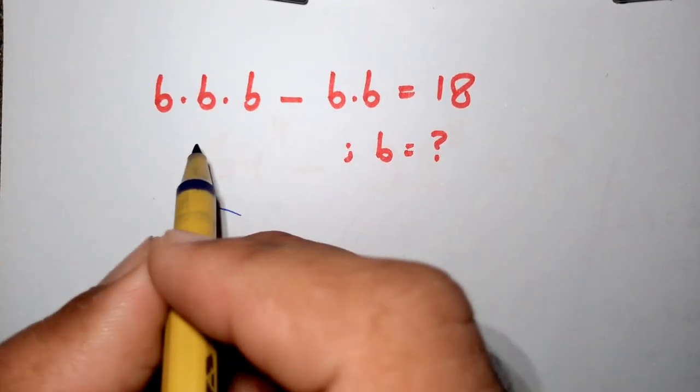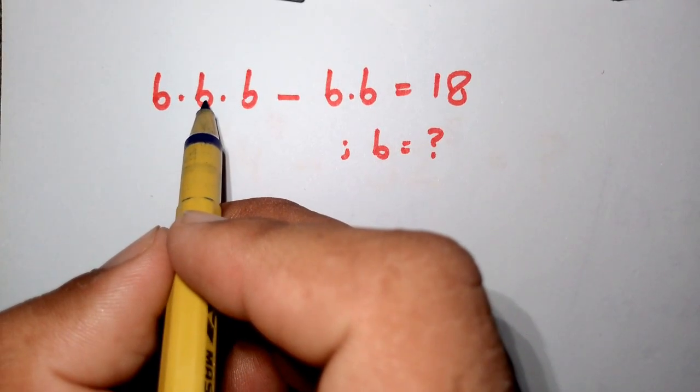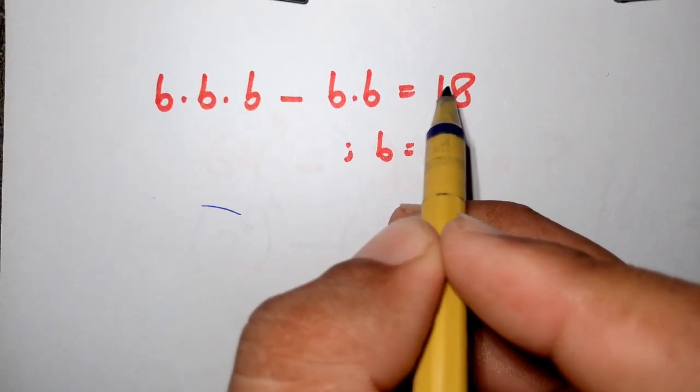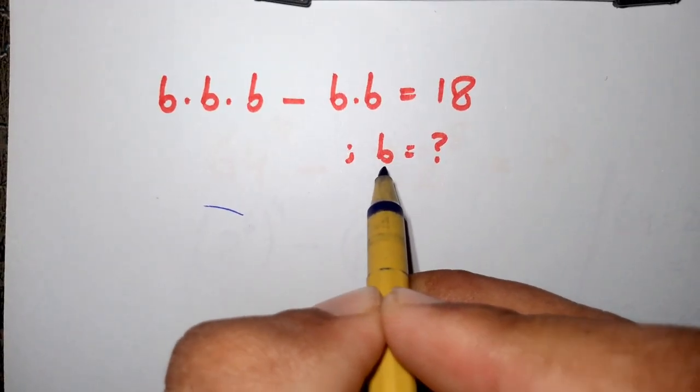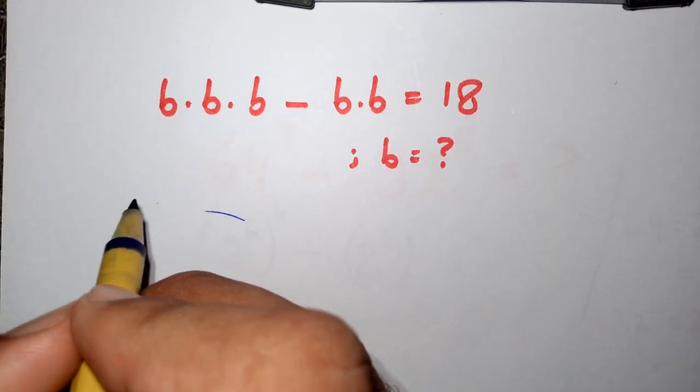We have to solve the most interesting problem, that is b times b minus b times b is equal to 18, and we have to find the value of b.